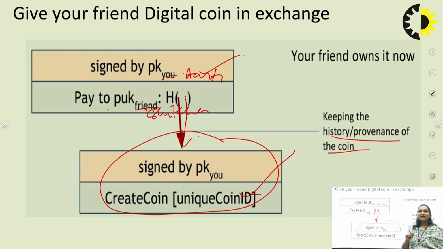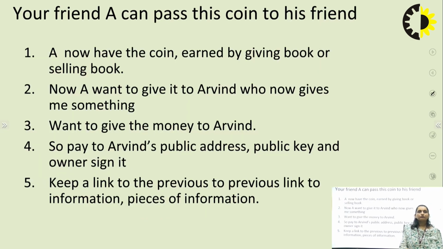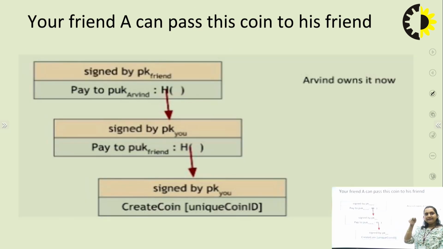It pays to that friend, Shikha, with a hash code of it, signed by me with the private key. If Shikha gives it to another person, it is linked by a hash code.